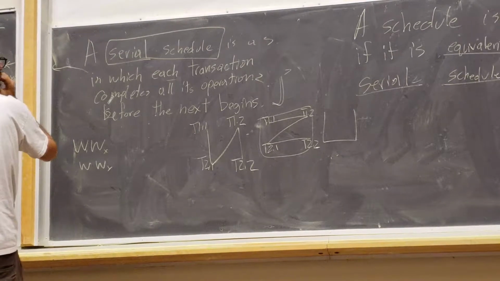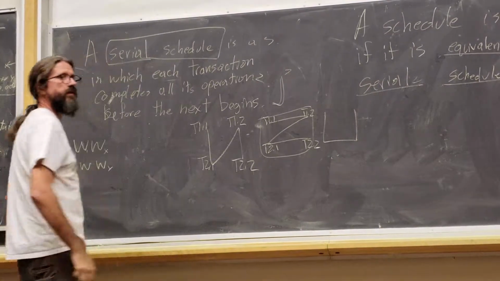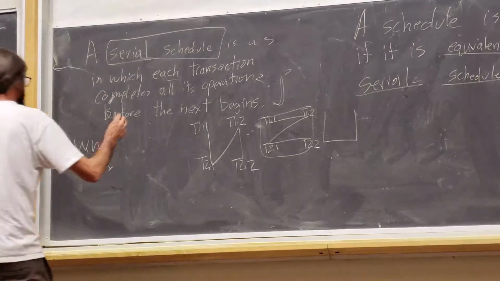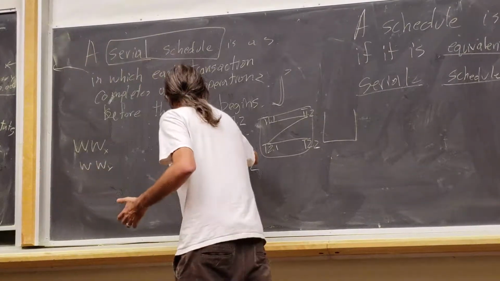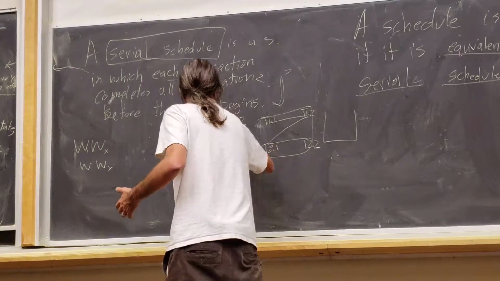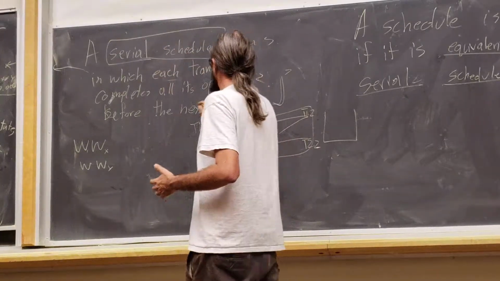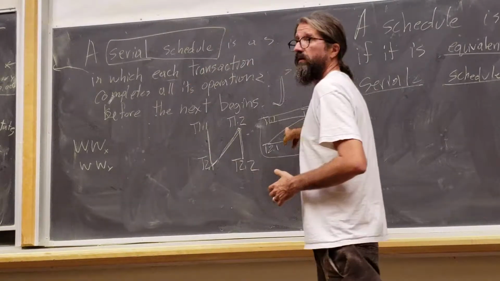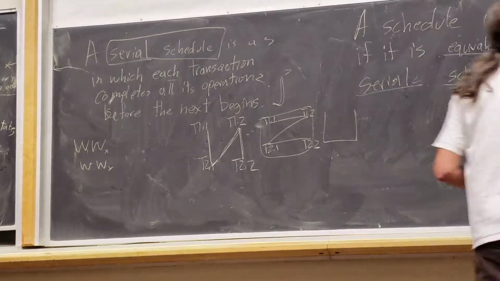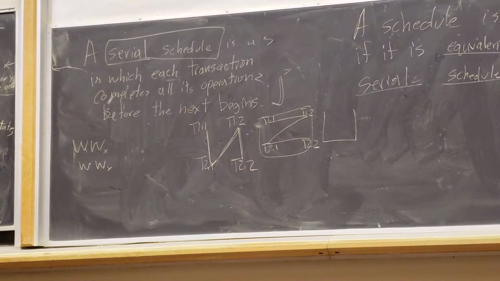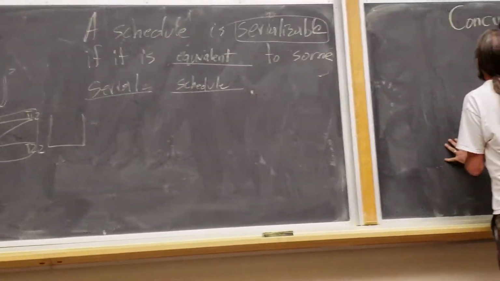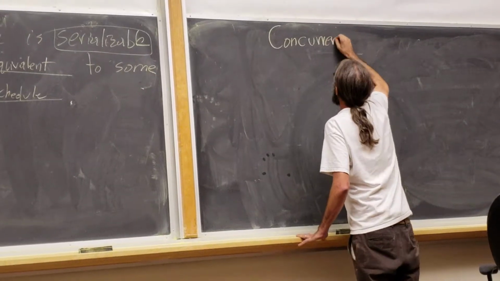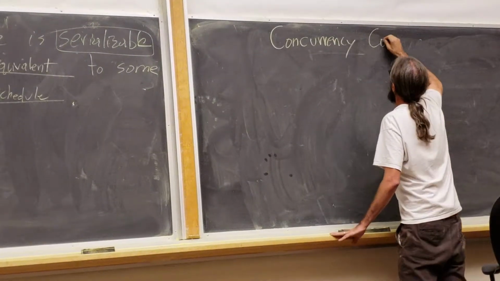Sure, I can start T2 without T1 finishing, but it wouldn't be serial, right? The point is that the reason we can prove that the schedule is serializable is that it conflicts on the same items in the same order as the serial one. Okay? So let's talk about how you could canonicalize that. It's a collection of algorithms, policies, and mechanisms that are known as concurrency control.